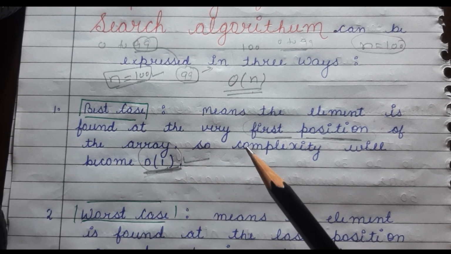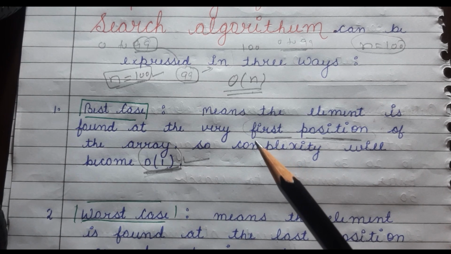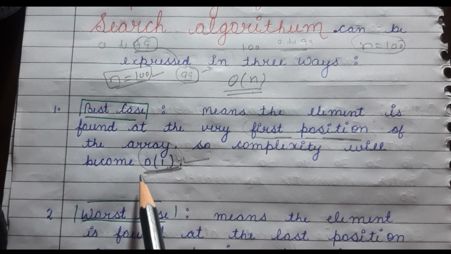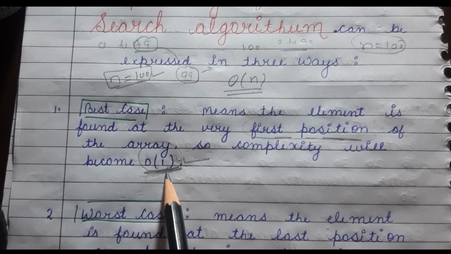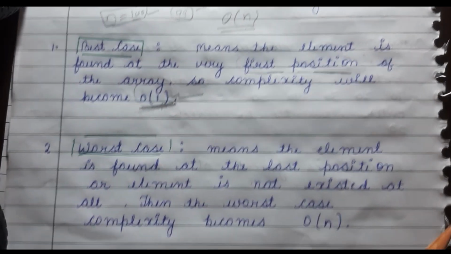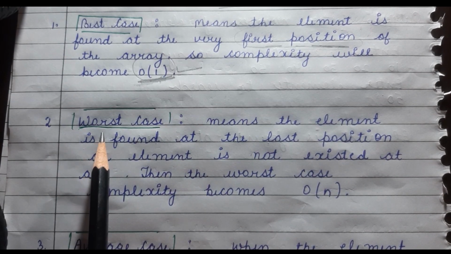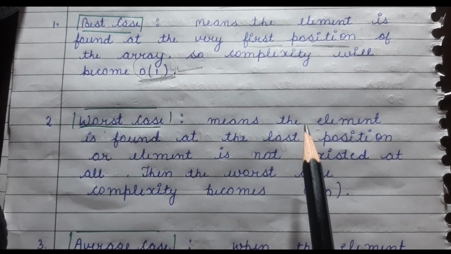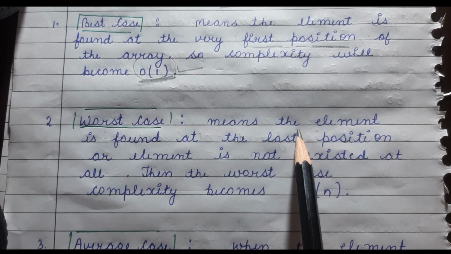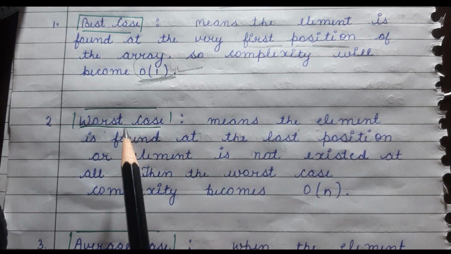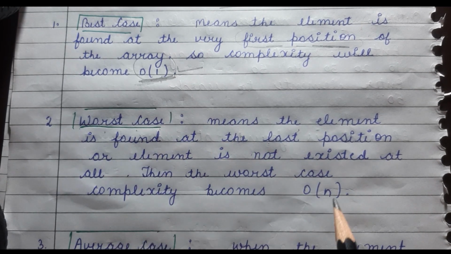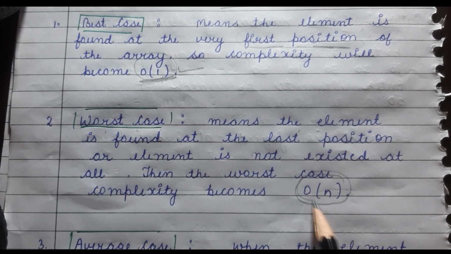By performing the first comparison, our element is found. So the complexity becomes big O of 1. And what is the worst case complexity? If your element is placed at the n minus 1th position, that is the worst case, and the complexity becomes big O of n.